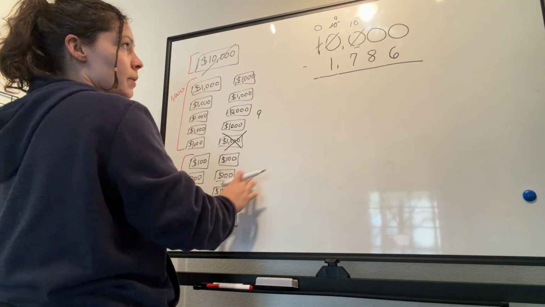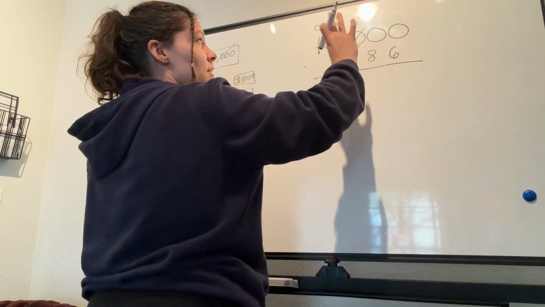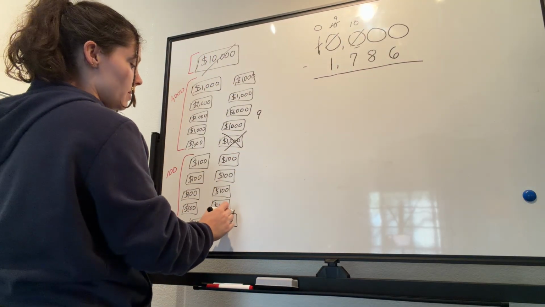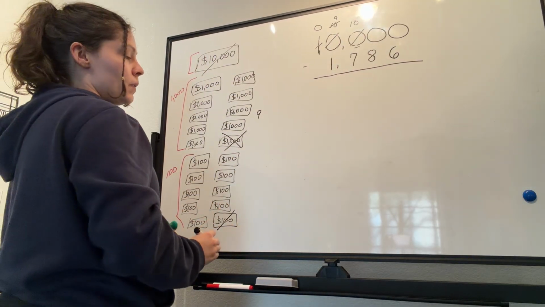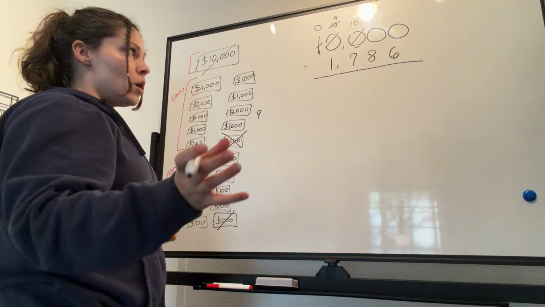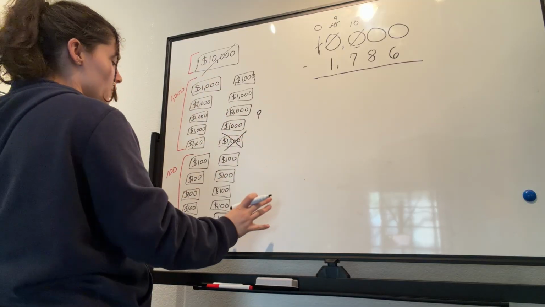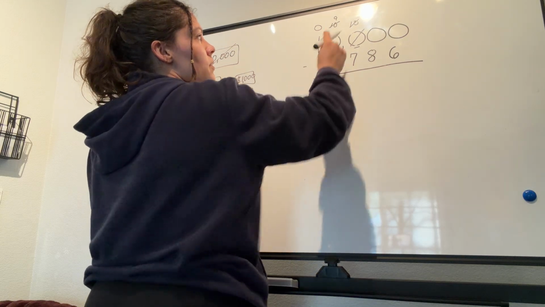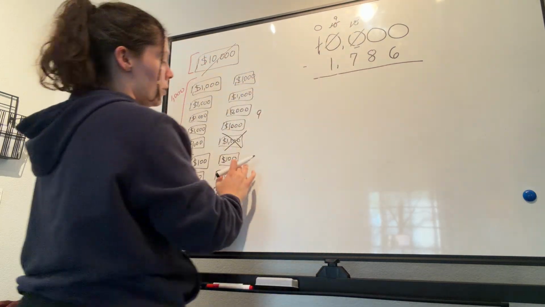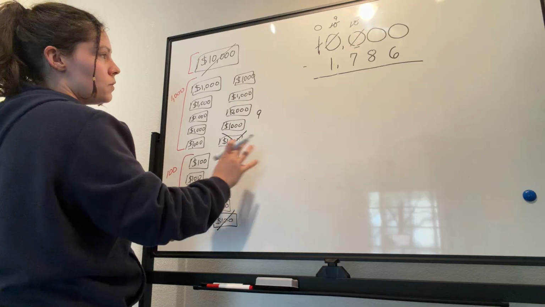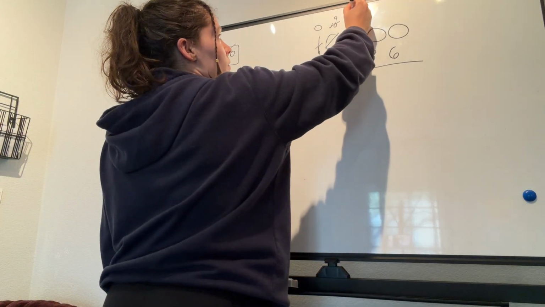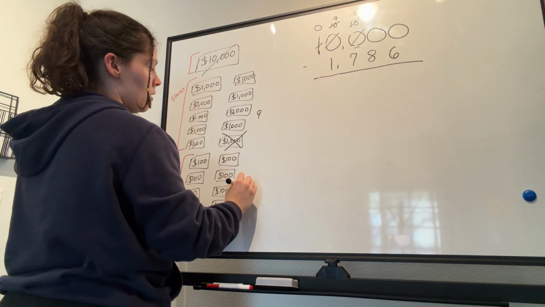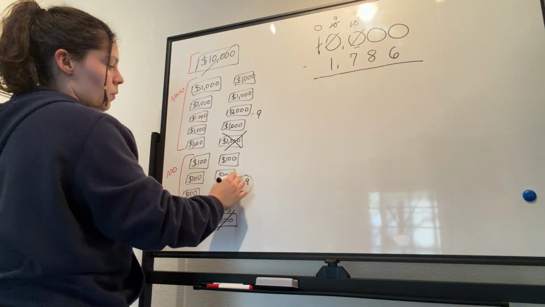But again, we're not where we want to be, so we have to continue to reduce. I'm going to take a $100 bill away. Whenever you take $100 away, you change the number in the hundreds place and reduce it by 1. So now we have 9 in total, 9 $100 bills.